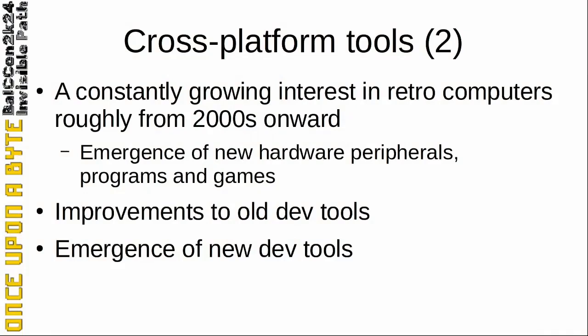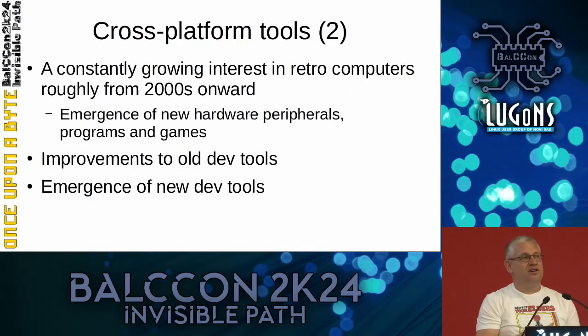Regarding, let's say, the retro computing scene, roughly starting in the 2000s, there was an emergence of a lot of new hardware for those machines, a lot of new programs, and a lot of new games. And more or less exponentially, starting from the 2000s, you get each year more and more releases for various platforms.